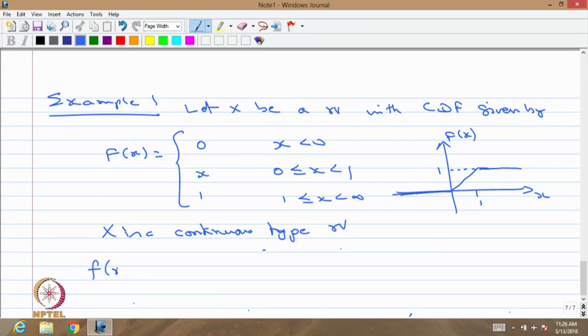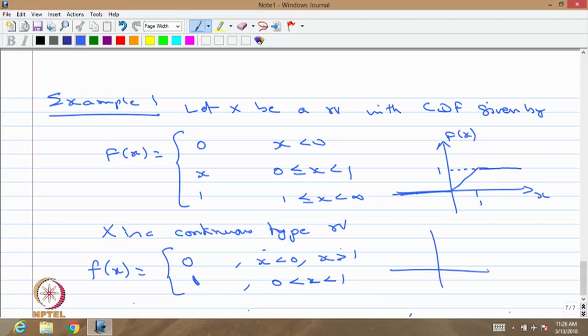If you differentiate the CDF, you will get 0 when x is less than 0, similarly when x is greater than 1. And if you differentiate x, you will get 1 between the interval 0 to 1. That means the probability density function has the value 1 between 0 and 1, and otherwise it is 0.